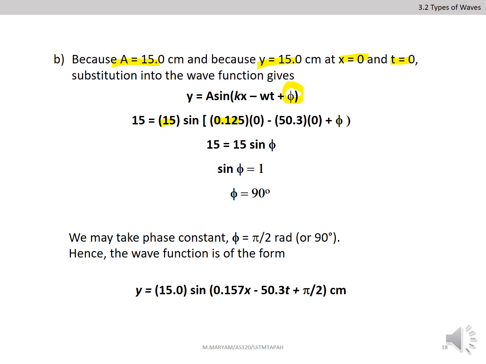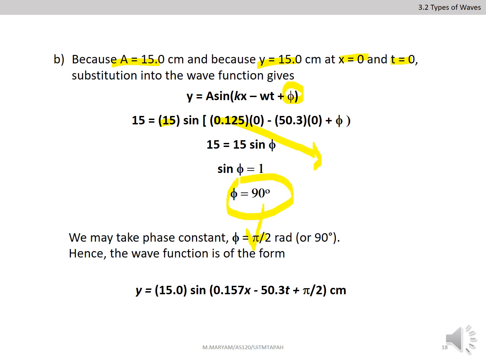K we found in part A, but k here is supposed to be 0.157. There is a typo here, so just substitute again. Try to calculate on your own. Times 0, so we get 0. 50.3 times 0, we get 0, plus psi. So then inverse sine of 1, we get psi equal to 90 degrees, which is equal to pi over 2.